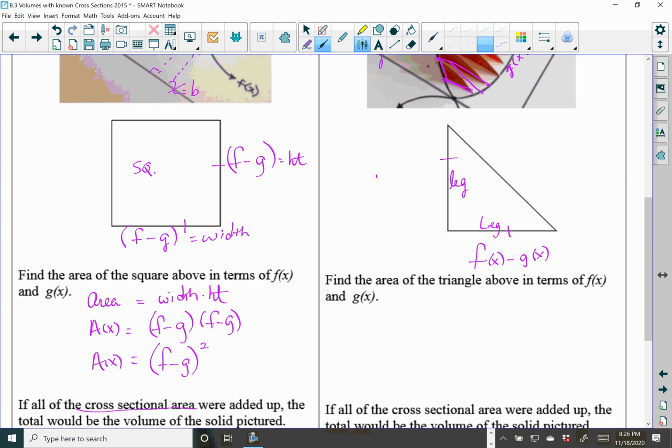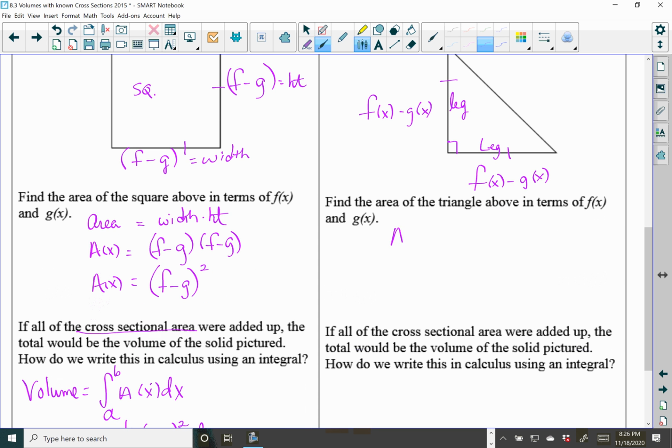Since it's isosceles, then this will be f of x minus g of x as well. We've got a right angle there. Now, the area formula for a triangle is 1/2 the base times the height, right?